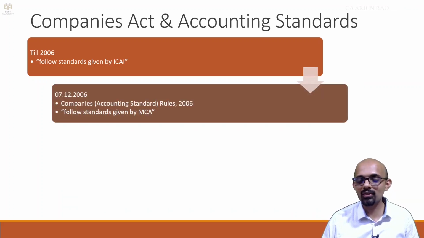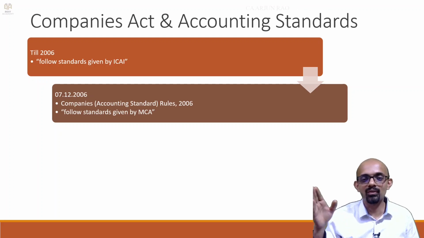In 2006, specifically 7th December 2006, the central government through the Ministry of Corporate Affairs notified the Companies Accounting Standard Rules 2006. Under these rules, accounting standards 1, 2, 3 and so on were notified.